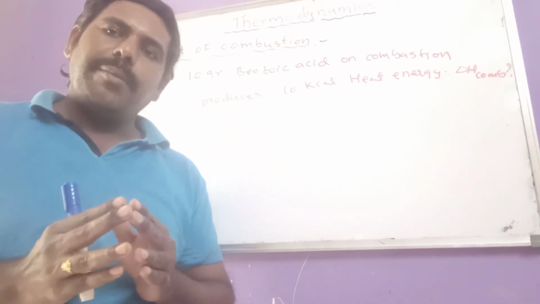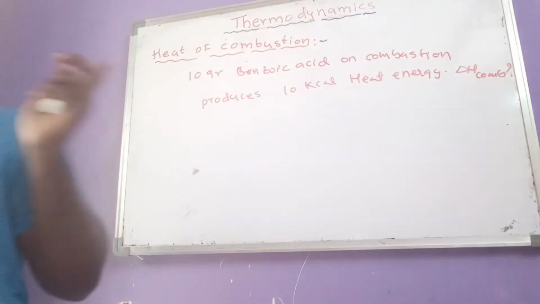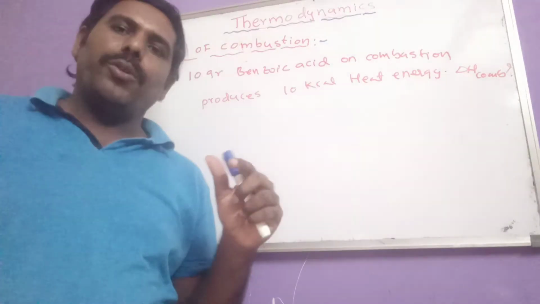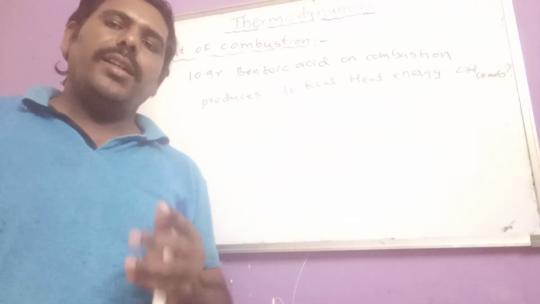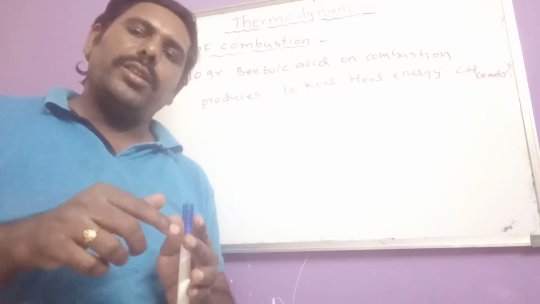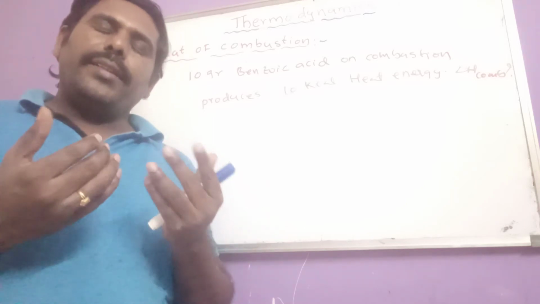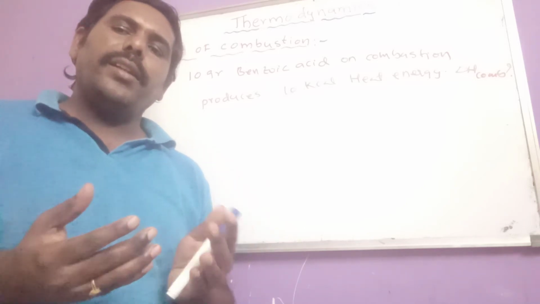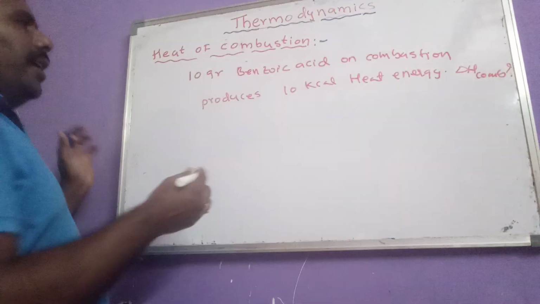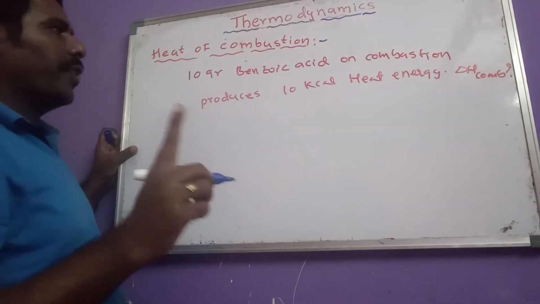Heat of combustion means 1 mole of the substance should be subjected to combustion. And heat of solution means 1 mole of solute should be dissolved in excess amount of solvent. Like that, any heat of reaction is regarding 1 mole only. So now here we have to calculate heat of combustion of benzoic acid for 1 mole.